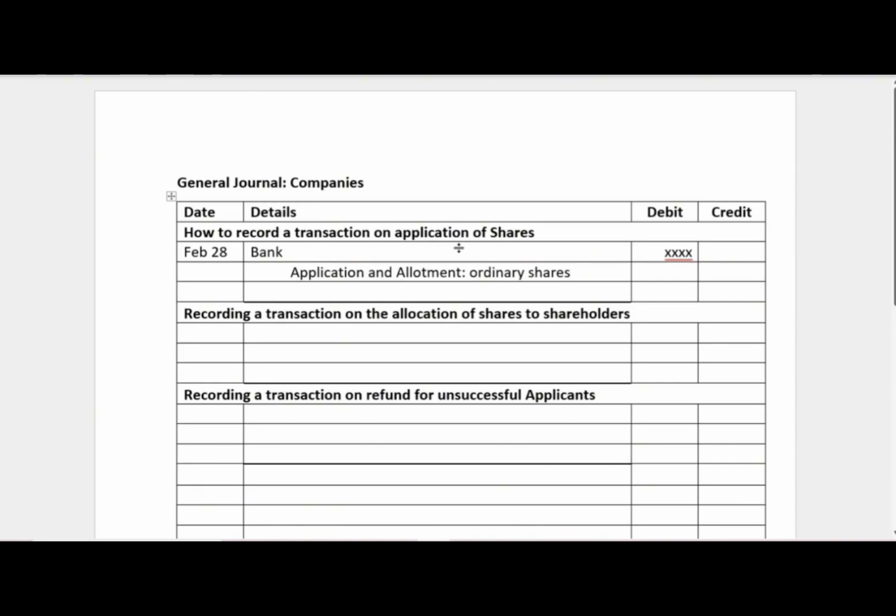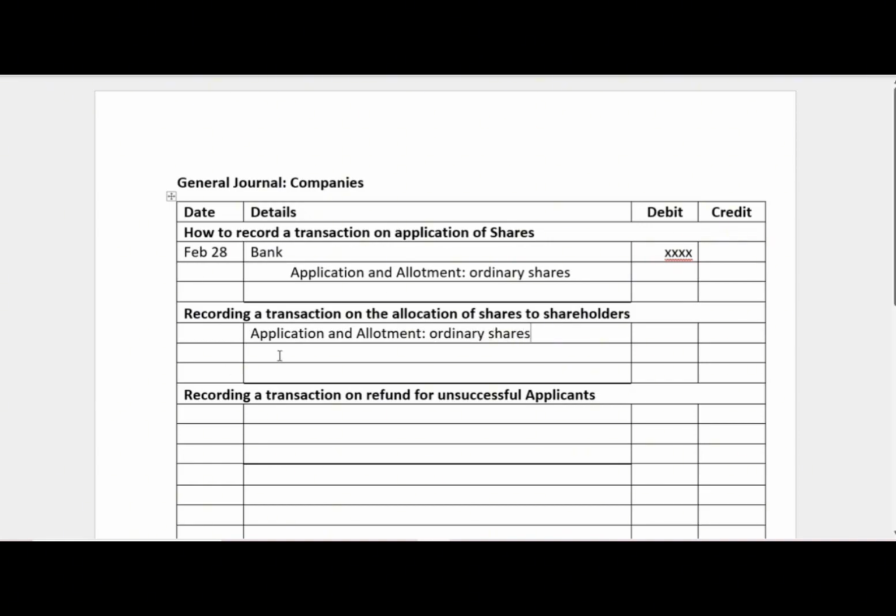And then let's continue to the next transaction. On the next transaction, I'm going to show you how you record the allocation of shares to shareholders. When you record the allocation of shares to shareholders, you are going to debit application and allotment, let's say for ordinary shares again, right?